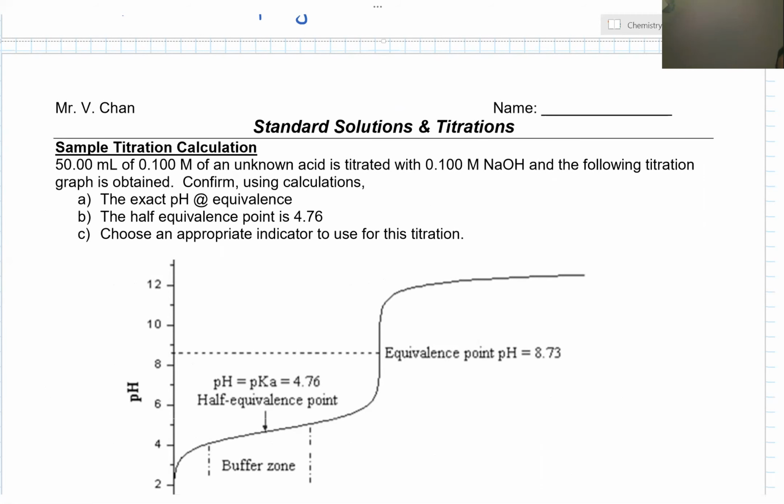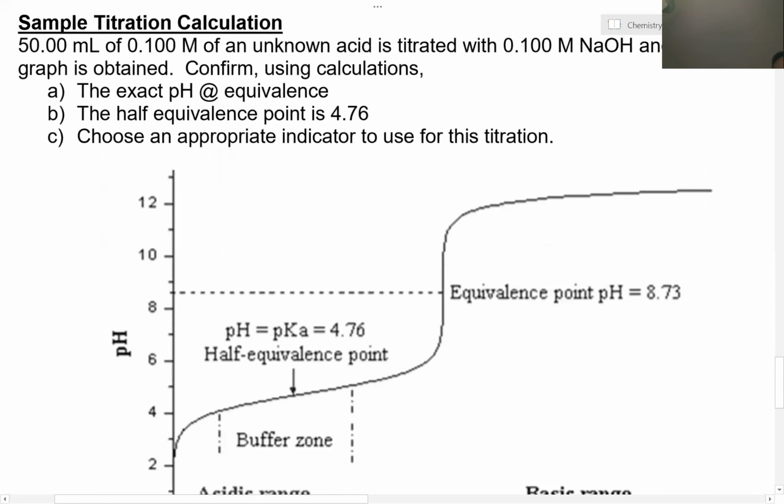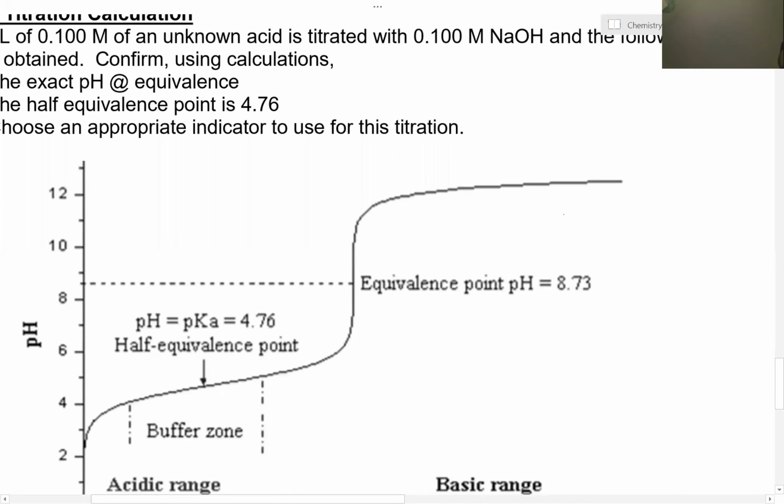Confirm using calculations A, B, and C: what's the exact pH at equivalence, the half equivalence point, and choose an appropriate indicator. In this particular case, you notice that the pH is 8.73.